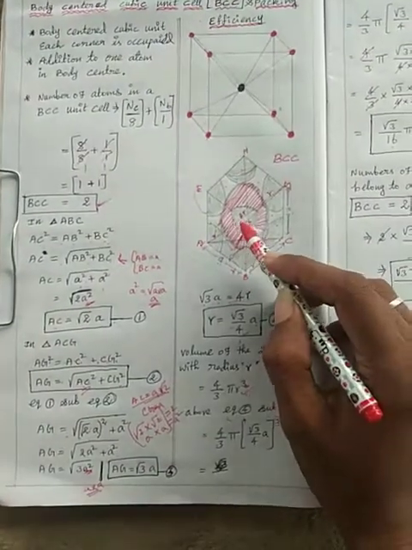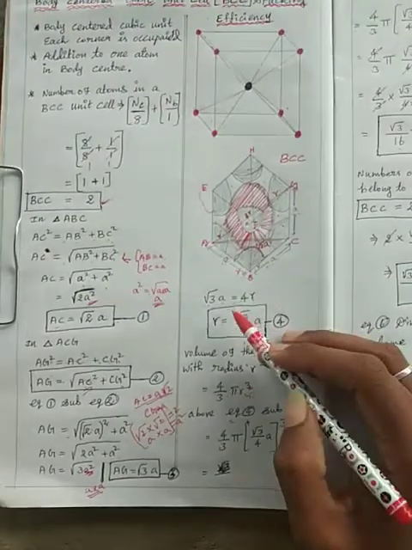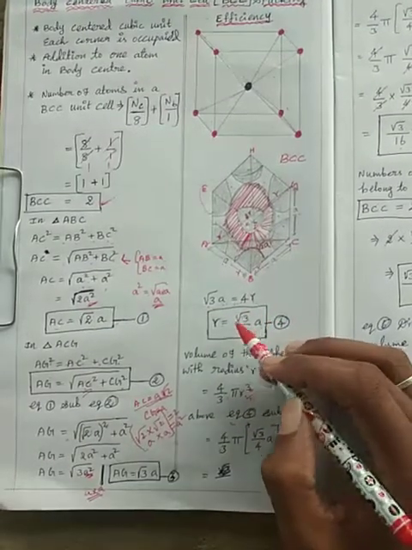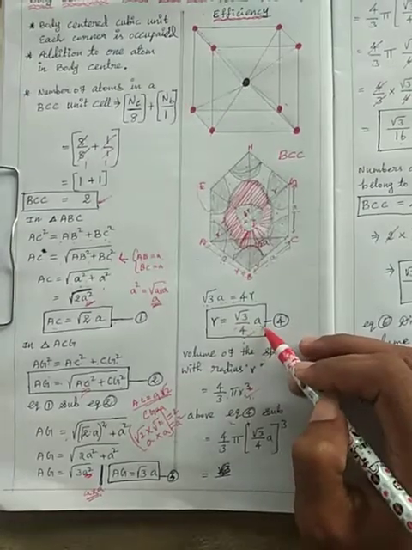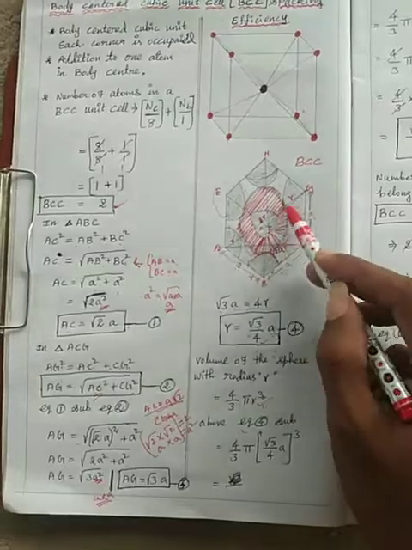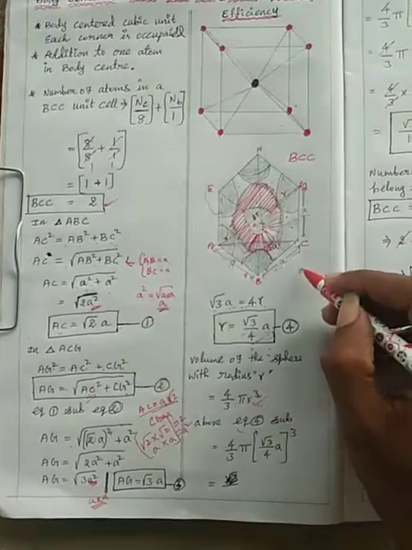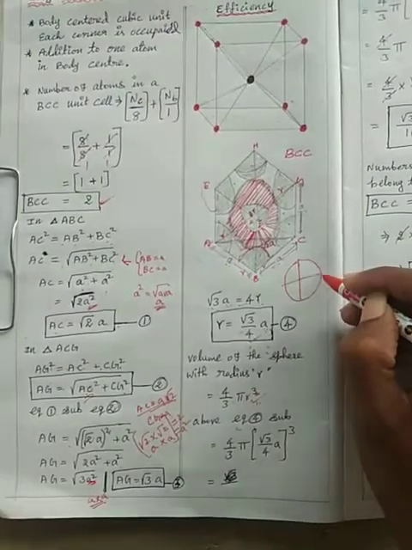So that equals 4r, 2r plus the radius r plus the radius r, and total root 3a equals 4r, so r equals root 3 by 4 a. Apply this to the sphere volume equation, considering the radius in the sphere.